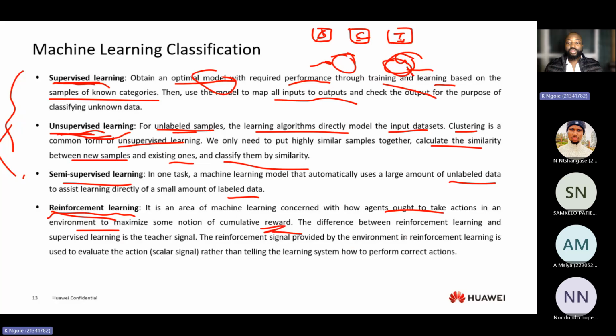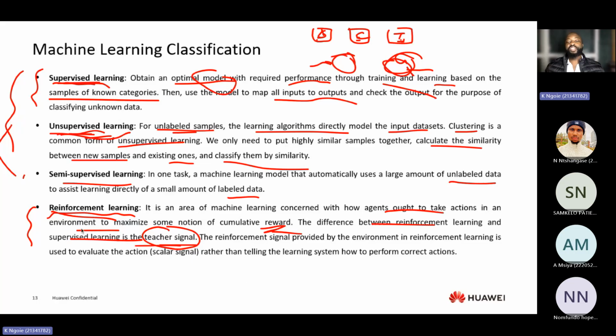Okay, so the difference between reinforcement learning and supervised learning is the teacher signal. In supervised learning, we provide data that are labeled. But in reinforcement learning, we introduce what we call the teacher signal.